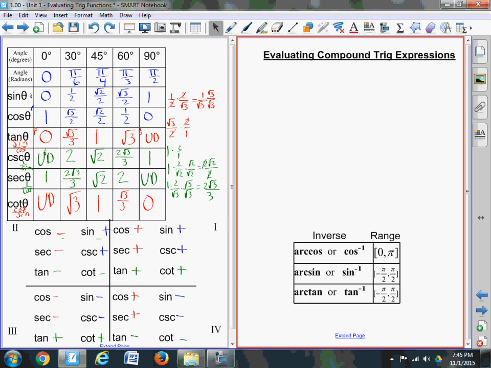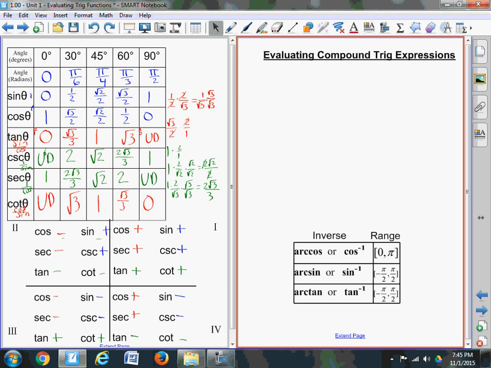Sometimes, if you're working a lot of problems or on a test, it's easier to work out all of it once and put it in a chart and refer to it than to work it out every single time. So I'm going to be using the charts that we did in previous tutorials as reference, but ideally, again, you should know where these numbers are coming from. This shouldn't just be out of the blue.